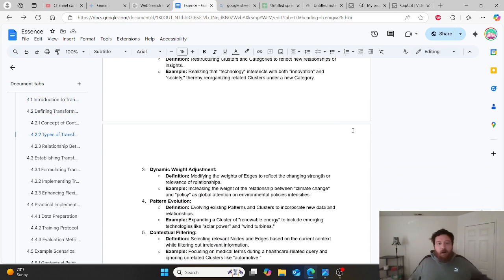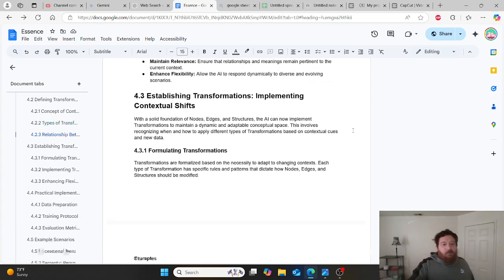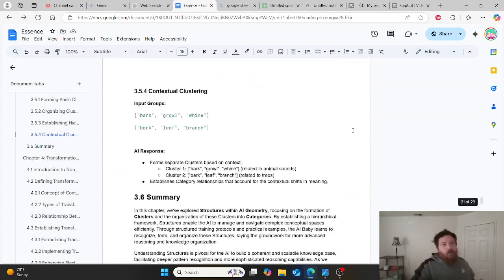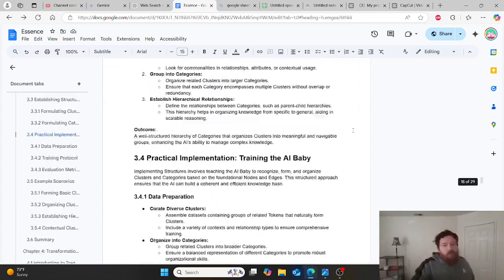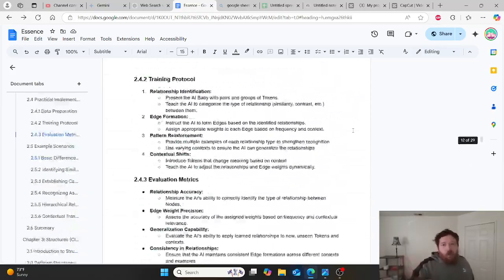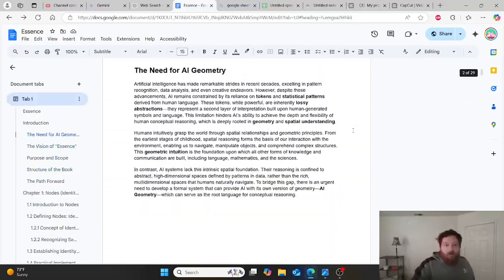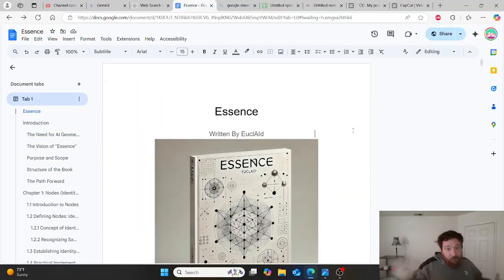This gives the model the ability to take its AI language, its AI geometry, and translate it into human geometry, and then back and forth, right? And that's the full concept of transformers and transformations here. These 4 chapters combined give you the full concept of AI geometry, and the full concept of Essence written by EuclAId.